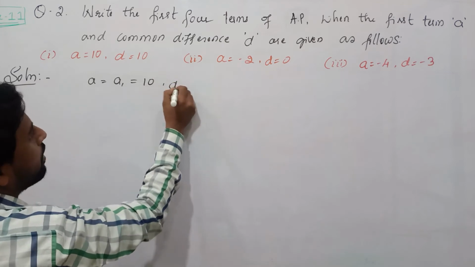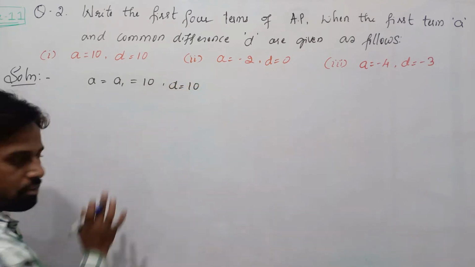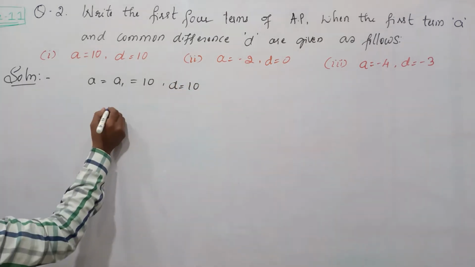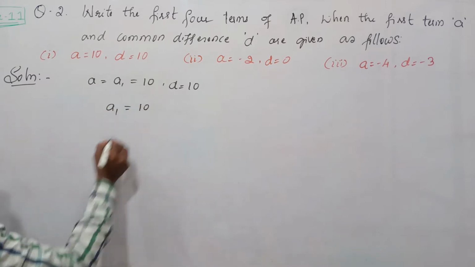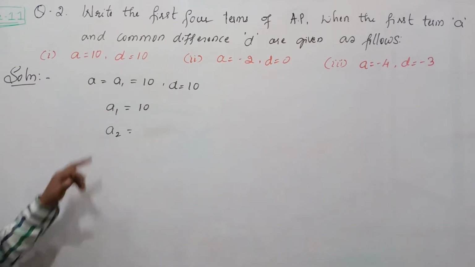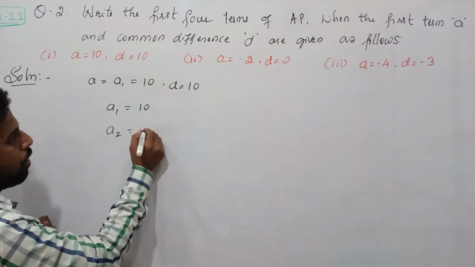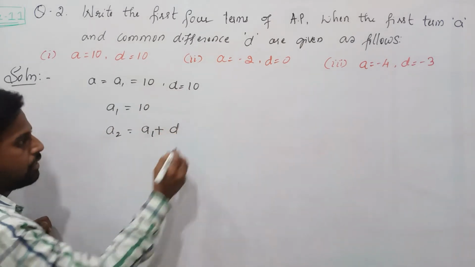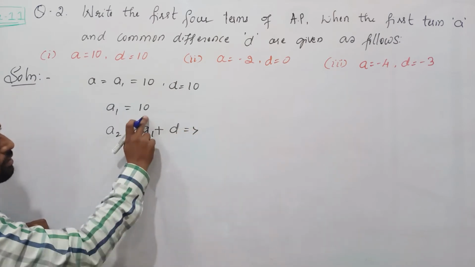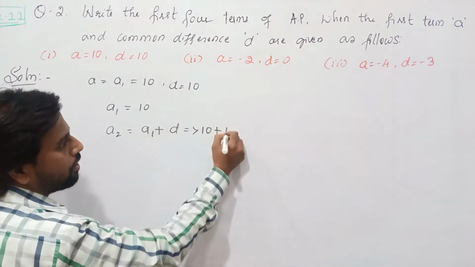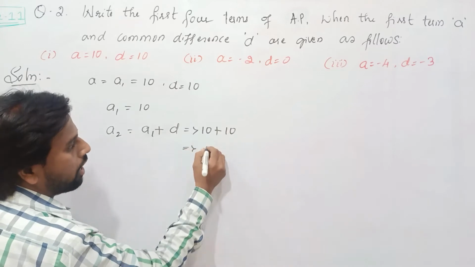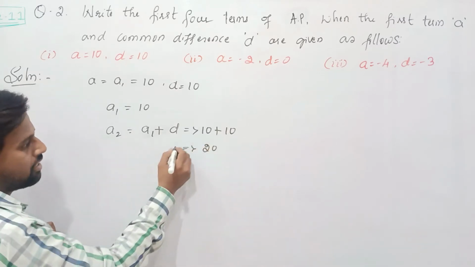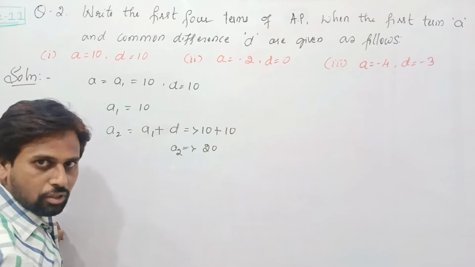And the common difference is also 10. So A1 is 10. If you want to find A2, you need A1 plus the common difference D. A1 is 10 and the common difference is 10, so the answer is 20. So your A2 term is 20.